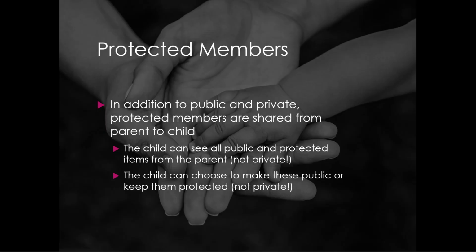The other side of this that you might have caught before, you might not have, is the idea of members that are shared within the class but not necessarily visible to everybody else. So a protected member is visible to the parent class and usable by the parent class and any class that extends that class, any child class of that.